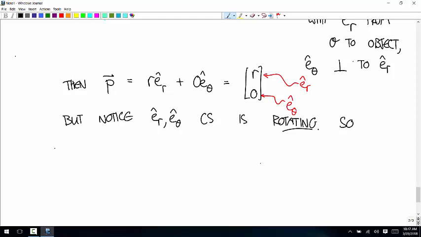So for a velocity vector, we're going to have to use, let's say, position r dot, position theta dot, plus capital omega cross the position vector. I'll put a 0 on here too because of these cross products.